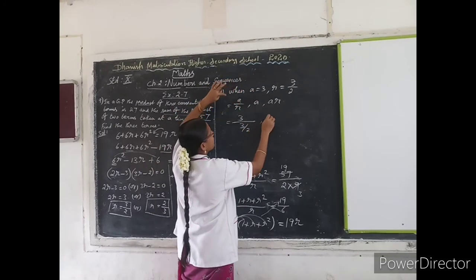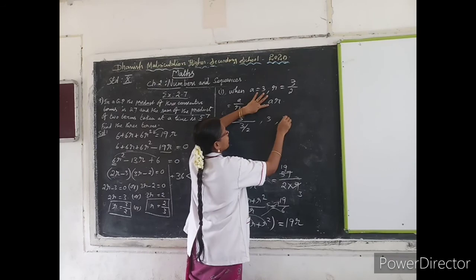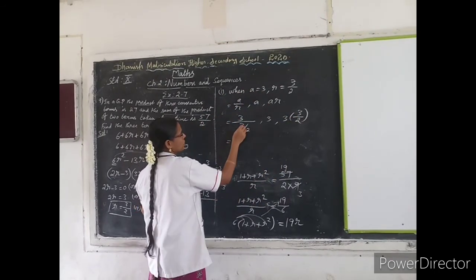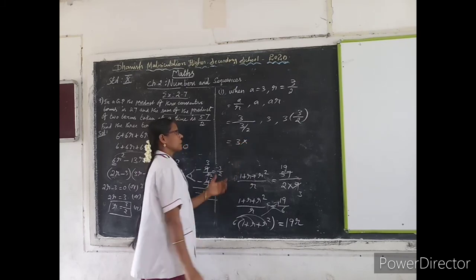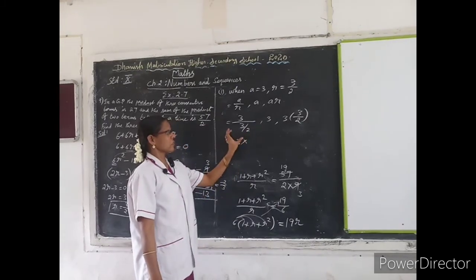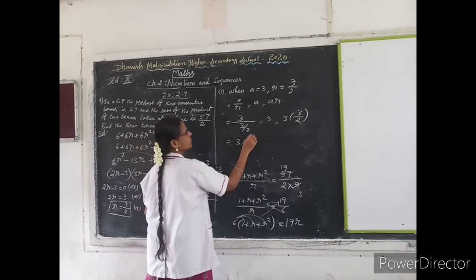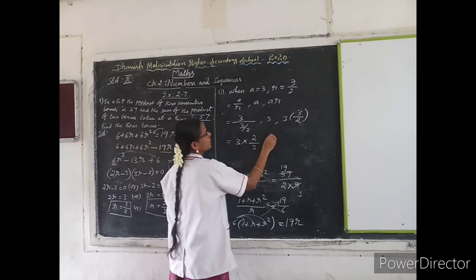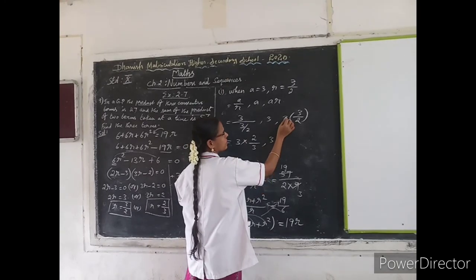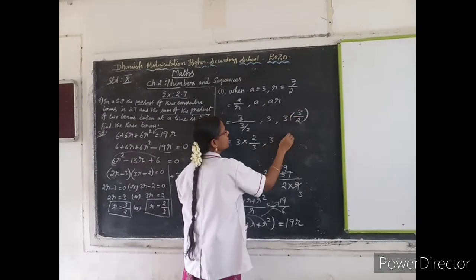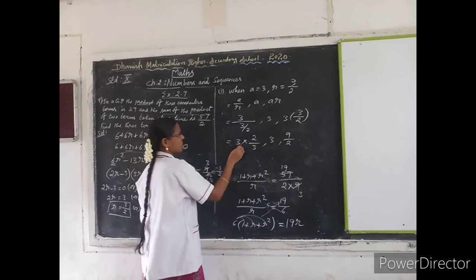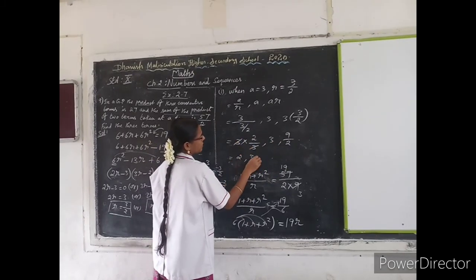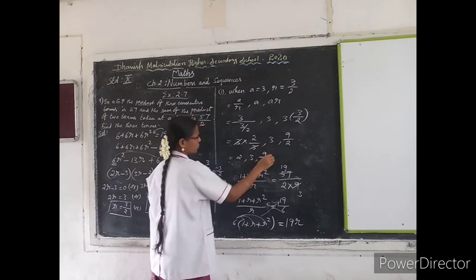Now a is 3, comma, 3 into 3/2. Now 3 into a fraction in the denominator means we should write its reciprocal. So the reciprocal of 3/2 is 2/3, comma 3 into this numerator, 3 into 3, so 9/2. In this fraction the 3s get cancelled, so the terms are 2, comma 3, comma 9/2.